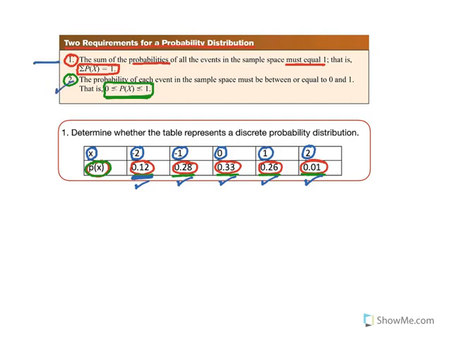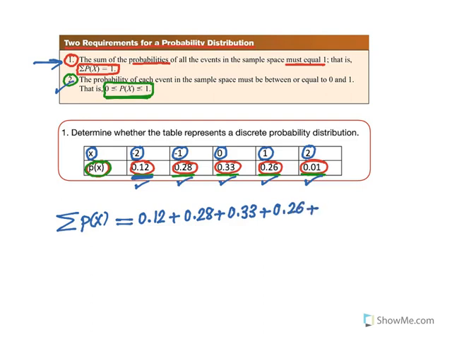Now, the first condition, let's check. So let's add the p of x in this case and check what we get. So 0.12 plus 0.28 plus 0.33 plus 0.26 plus 0.01. If you do this on your calculator, you'll get exactly 1.